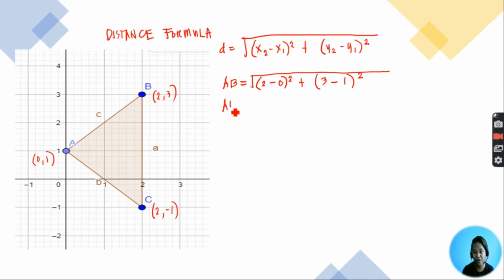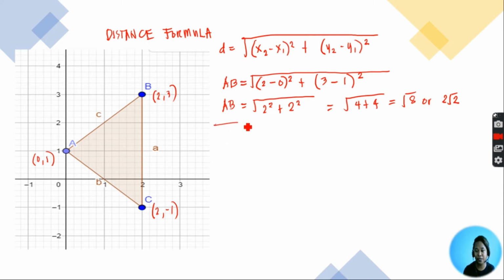So AB, or the distance of A to B, is equal to the square root of 2 squared plus 2 squared, or 4 plus 4, which is equal to square root of 8, or in simplest form, 2 square root of 2.